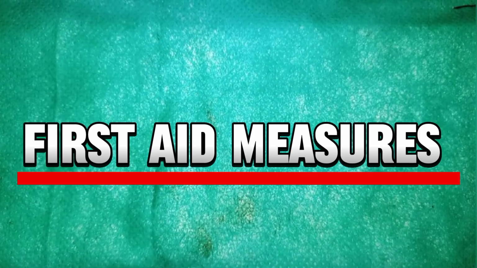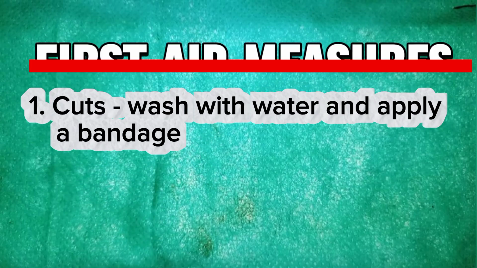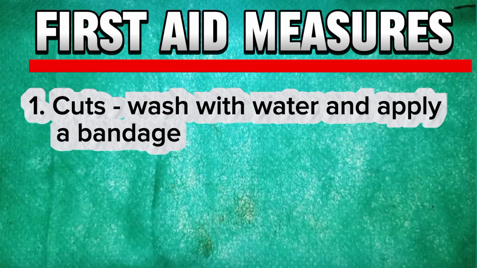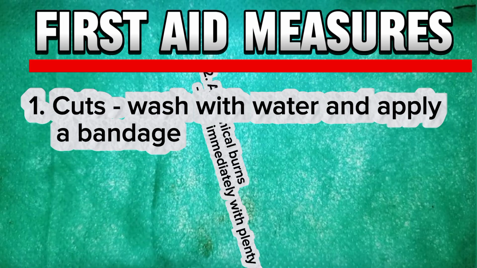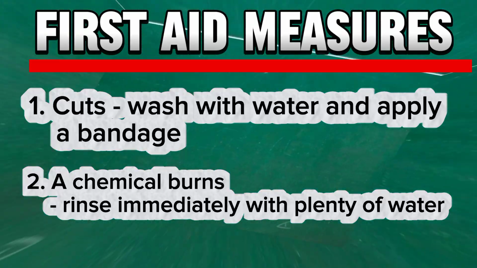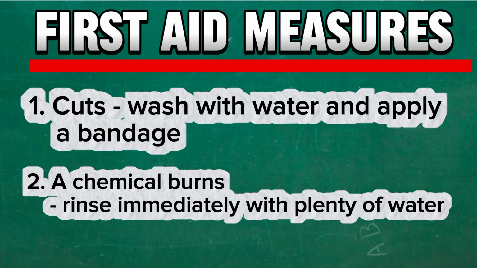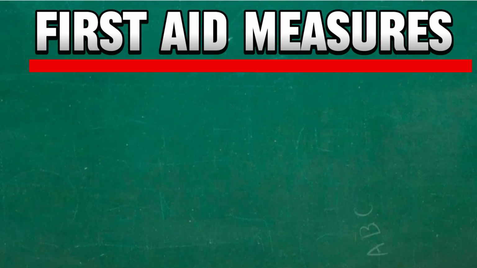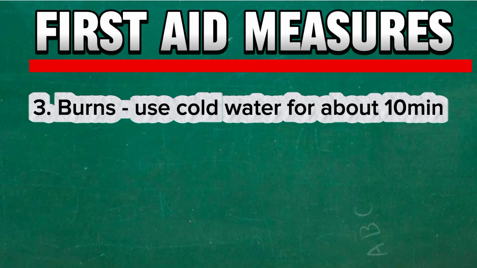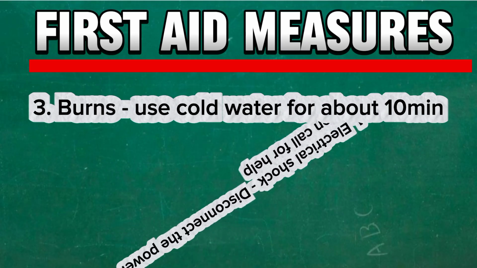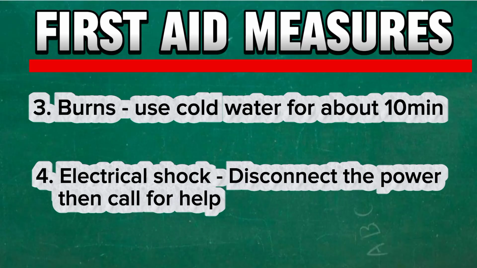In case of cuts, wash with water and apply a bandage. In case of chemical burns, rinse immediately with plenty of water. In case of burns, use cold water. Finally, in case of electrical shock, disconnect the power immediately, then call for assistance.